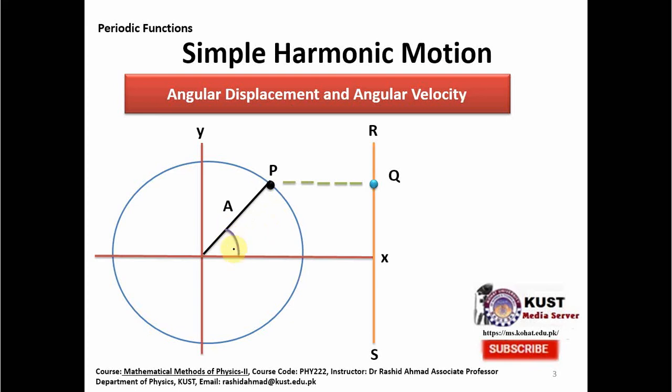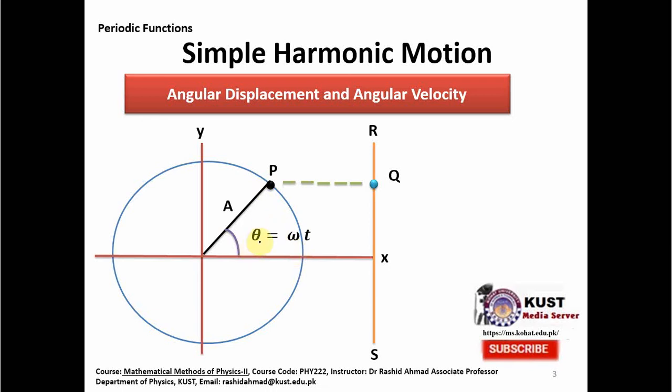This theta which you see, which point P is making with the x-axis, is called angular displacement. This angular displacement is maximally equal to 360 degrees in this angle, but it will be greater when the particle P moves away from the x-axis.